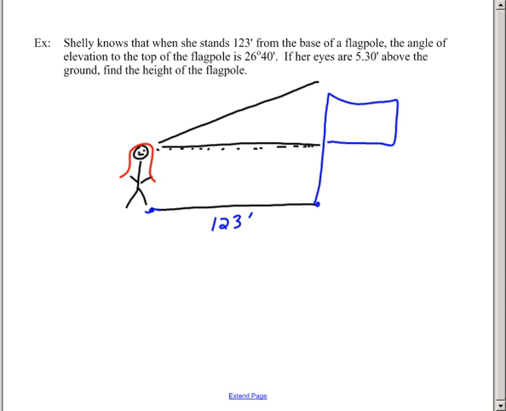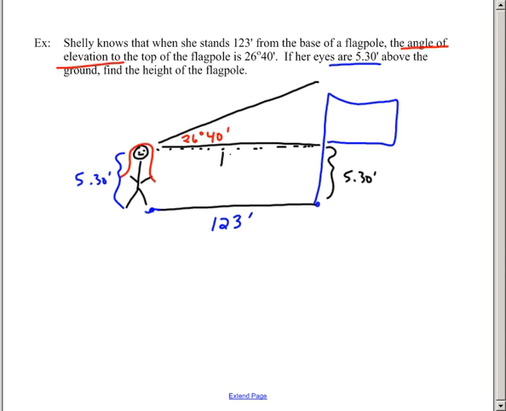This angle of elevation is here, 26 degrees and 40 minutes. It also tells you that she, from her eyes to the ground, would be 5.30 feet in length. Now let's transfer some of that over here. We know then that this is 5.30 feet in length.